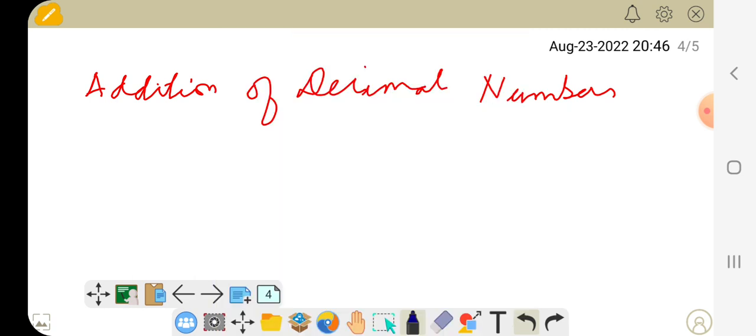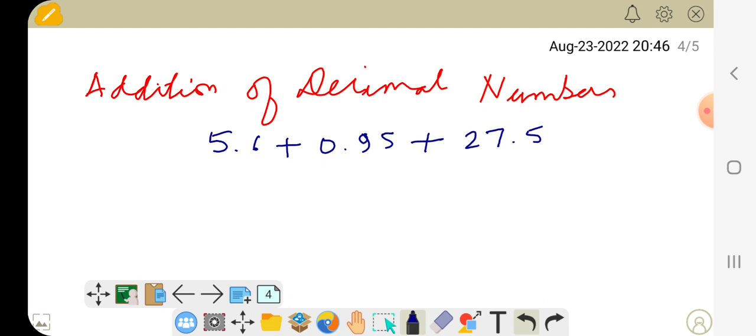Suppose we are adding 5.6 plus 0.95 plus 27.5.